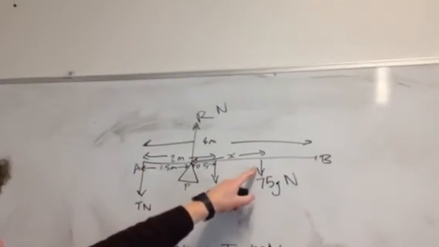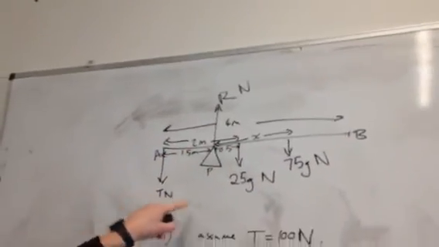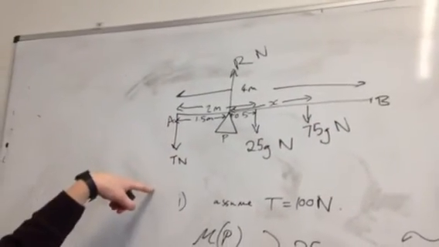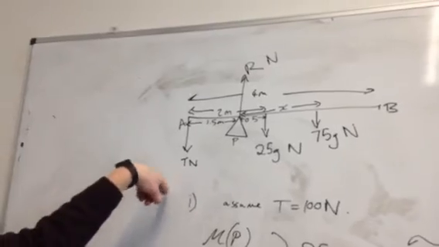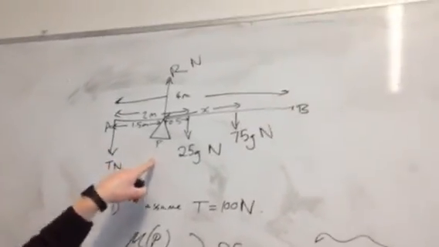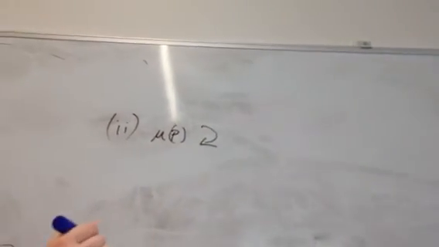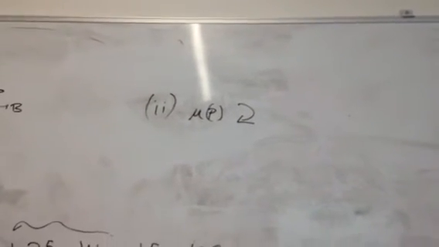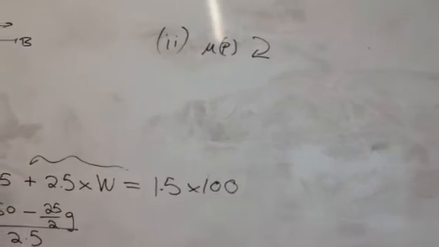If this is the maximum distance they can walk, we again know that the tension must be 100. And if they walk any further, the cable will snap and they will fall into the sea. So again, taking moments about P, we have the 25g times 0.5. This term is the same.